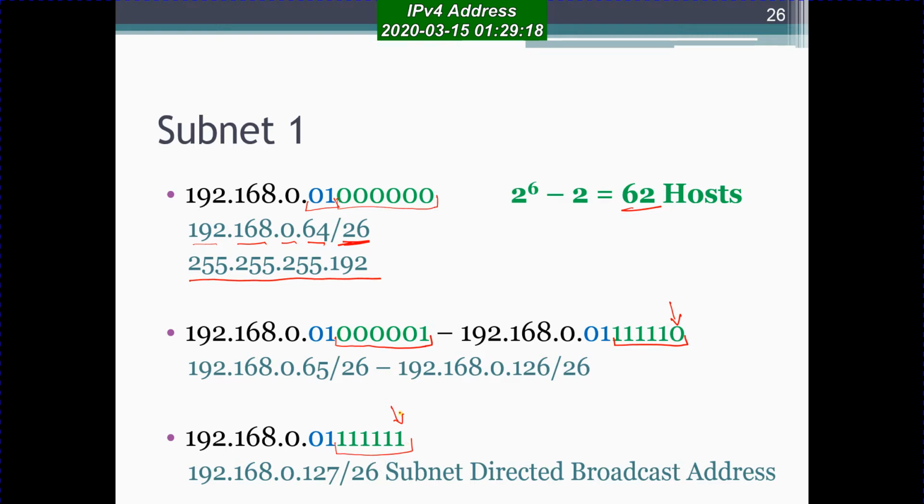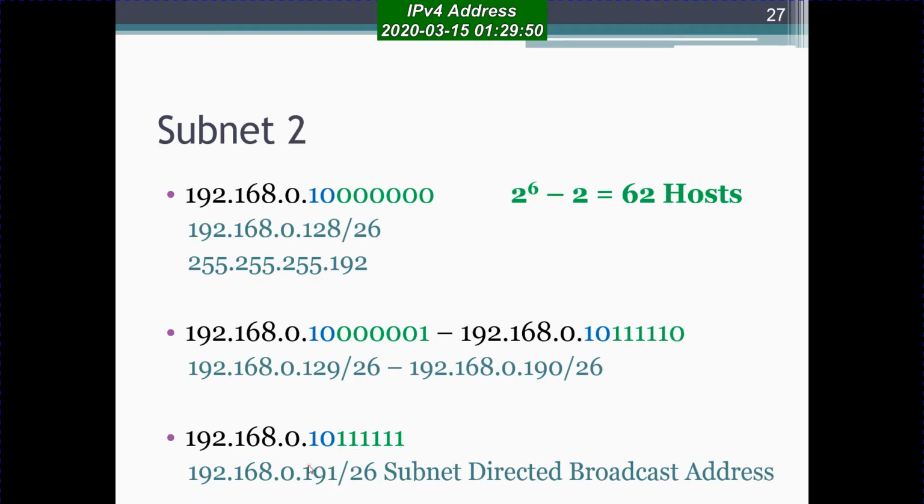In this case we are dealing with the subnet directed broadcast address, or simply the broadcast address for subnet 1. When you convert this to decimal, it becomes 192.168.0.127/26. We always follow the address by the number of bits set to 1 in the subnet mask, just to indicate how many bits belong to the network or subnet address.